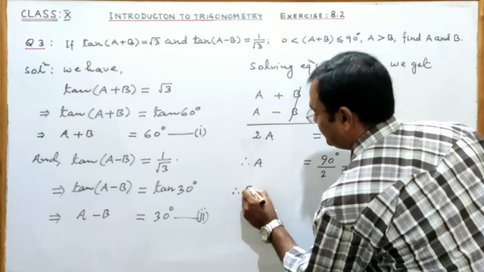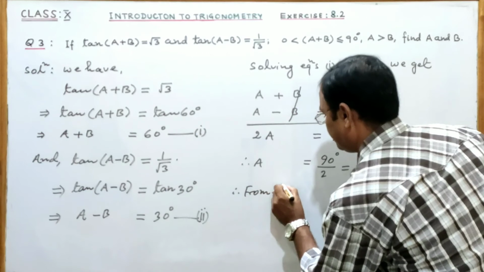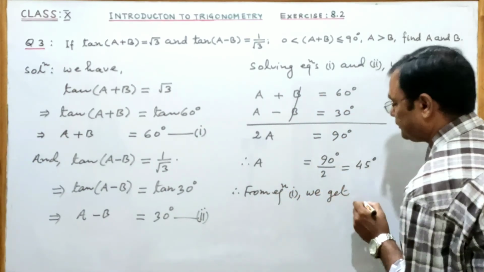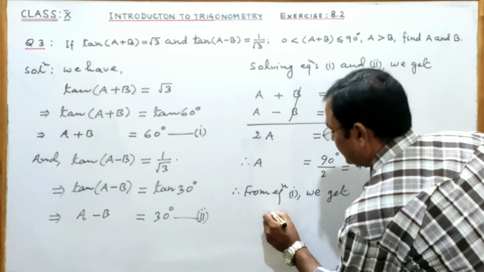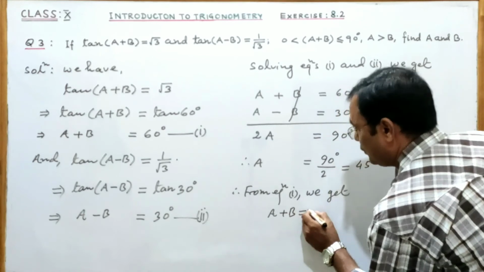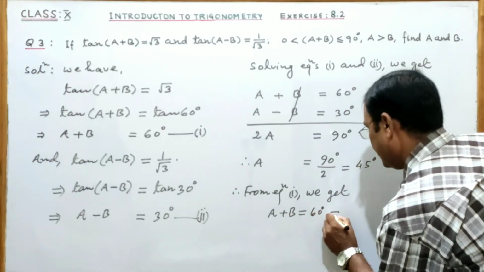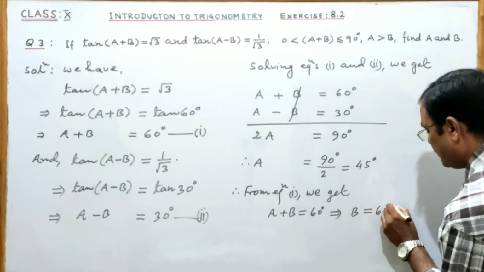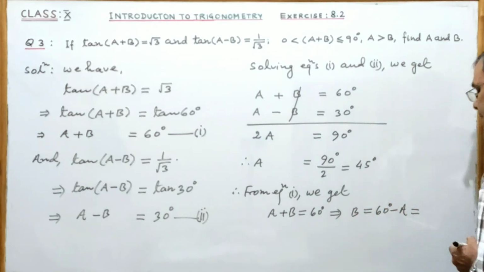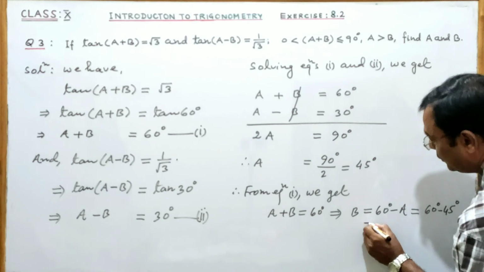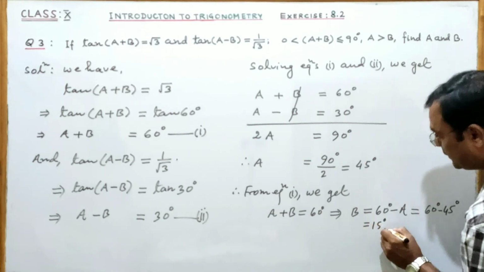Now from equation 1 we get A plus B equal to 60 degrees, implies B equal to 60 degrees minus A. So 60 degrees minus 45 degrees equal to 15 degrees.